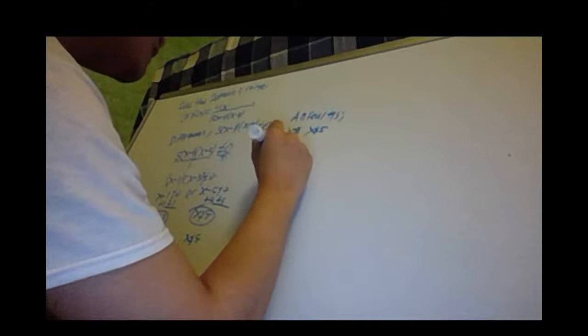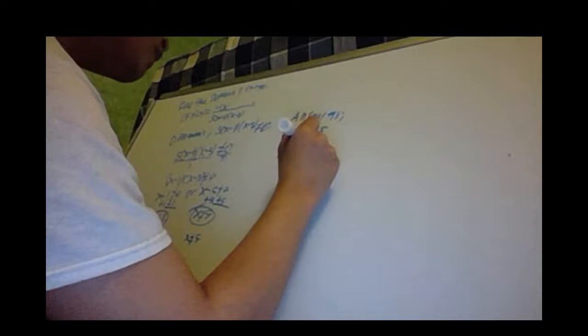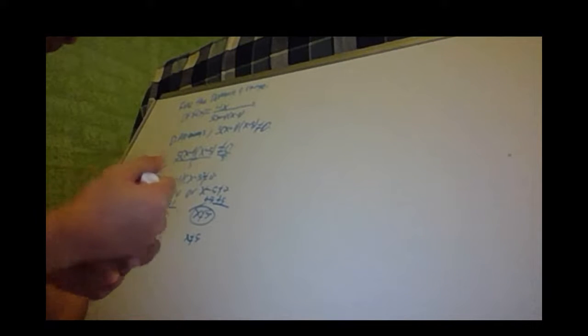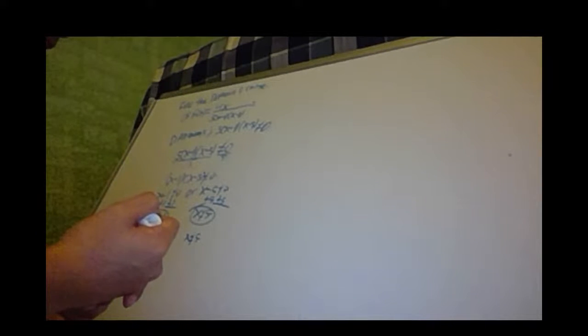Or you can just say x does not equal 1, x does not equal 5. But some other professors or teachers are a little more strict. They would want you to learn how to put it in interval notation. And I don't know if they do union symbol in algebra or not.